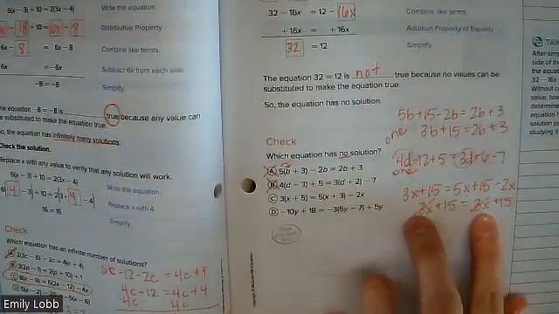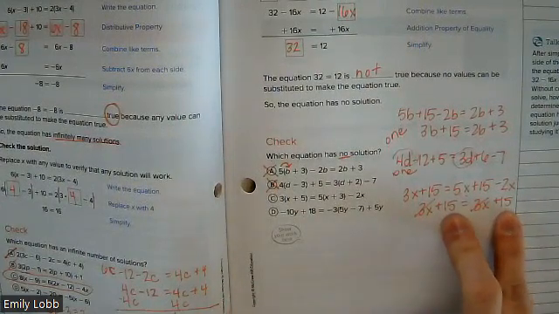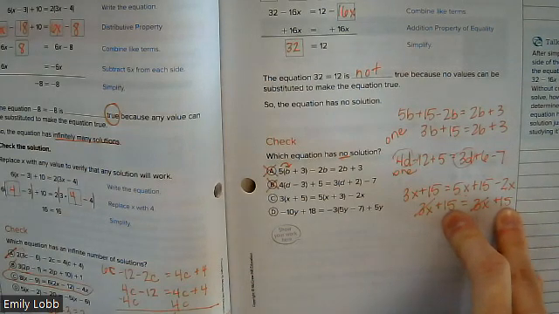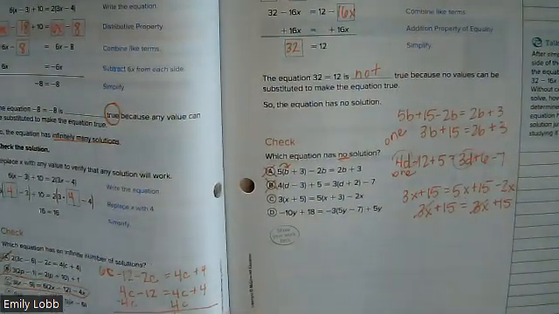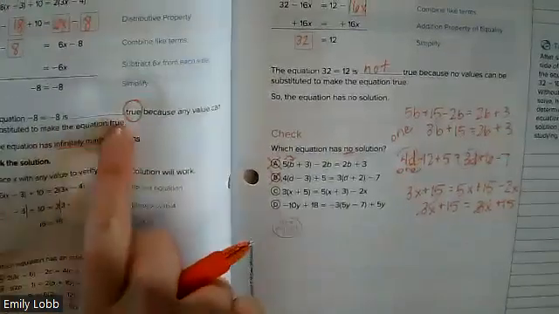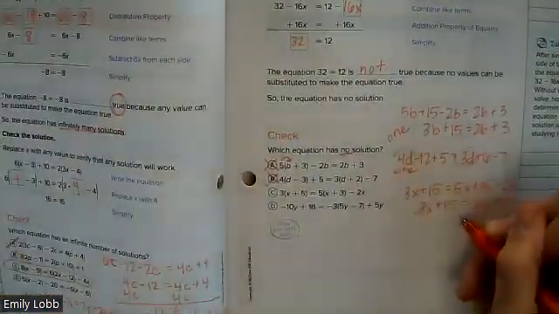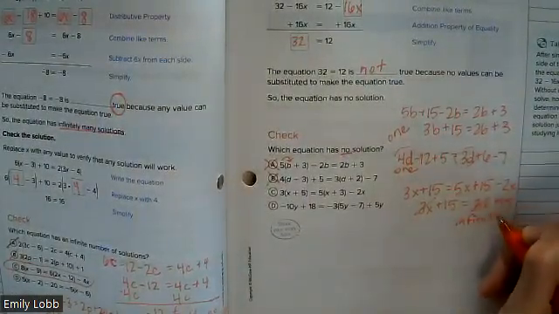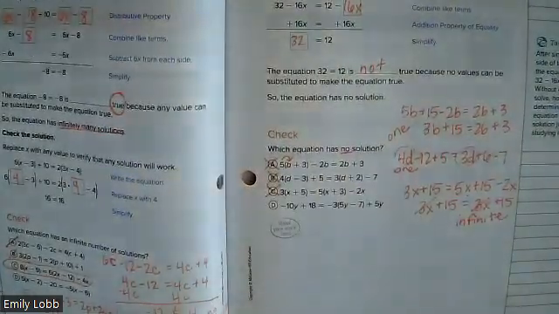But what happens? Is this infinite or no? When our statement is true, it is infinitely many solutions. So this is true, right? 15 does equal 15. So this can't be no solution because any solution would work.